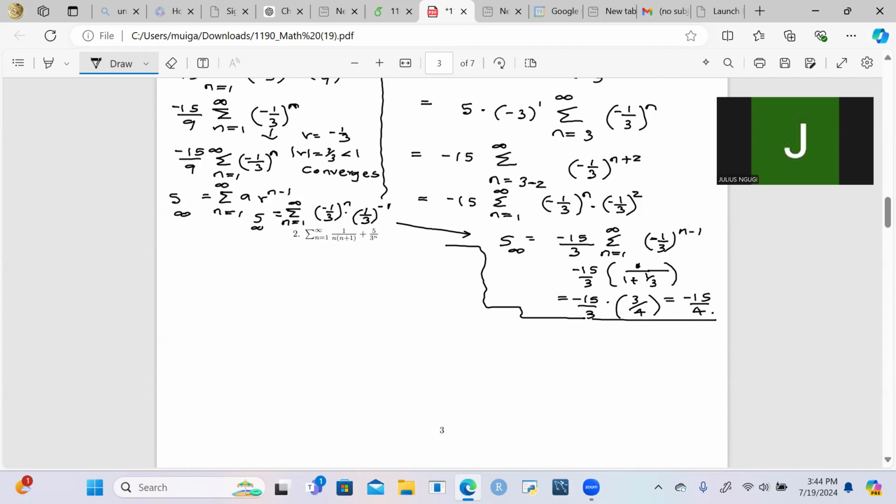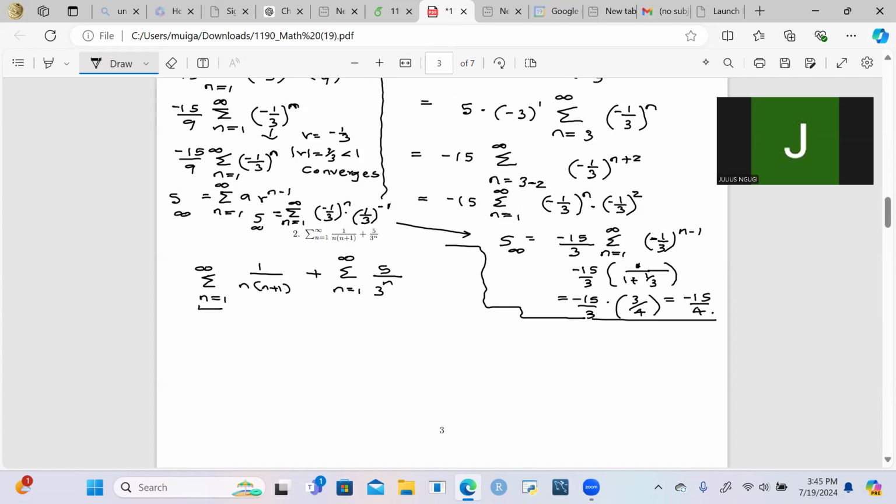The second one, we can split it into two. So to have the sum, n starts from 1 to infinity of 1 over n plus 1, plus this sum of 5 over 3, n equals 1 to infinity.